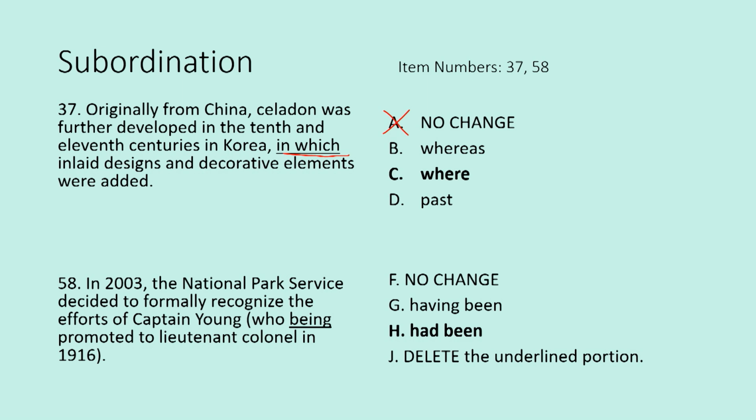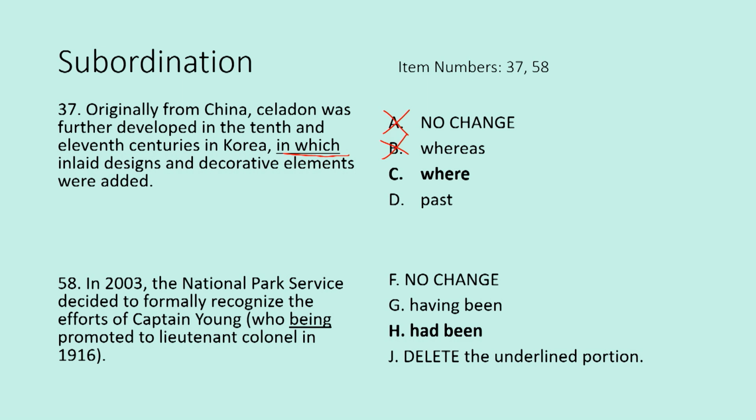So let's look at these others. B says, whereas. Originally from China, Celadon was further developed in the 10th and 11th centuries in Korea, whereas inlaid designs and decorative elements were added. That does not work. Now let's look at C. Originally from China, Celadon was further developed in the 10th and 11th centuries in Korea, where inlaid designs and decorative elements were added.